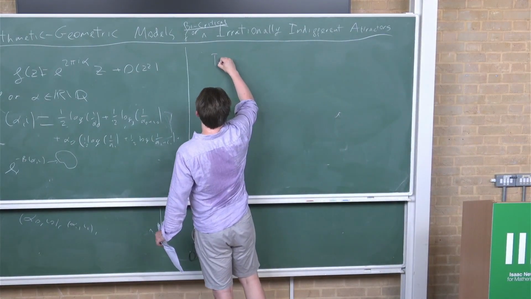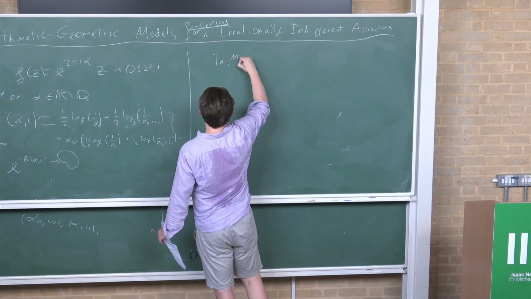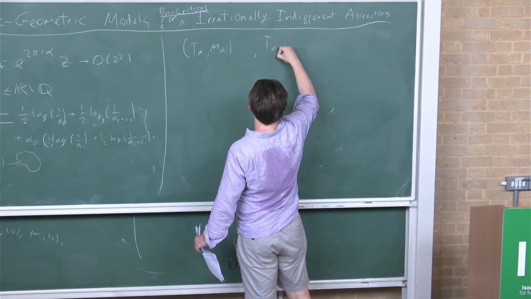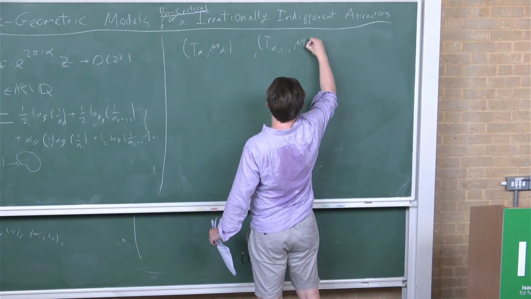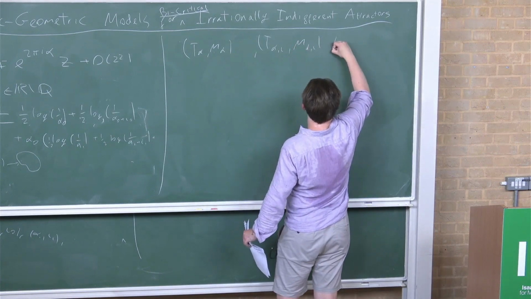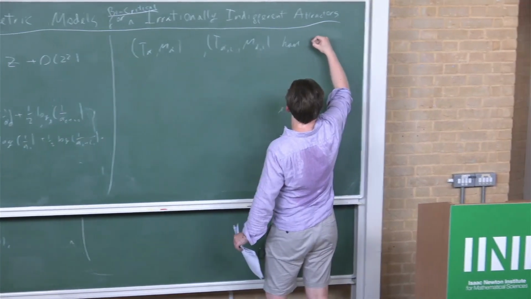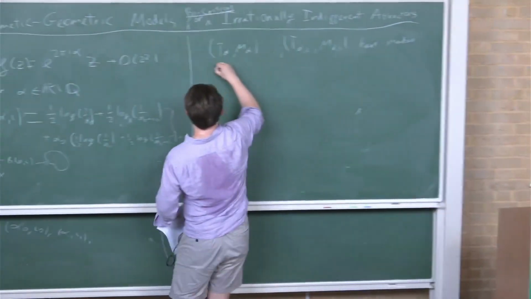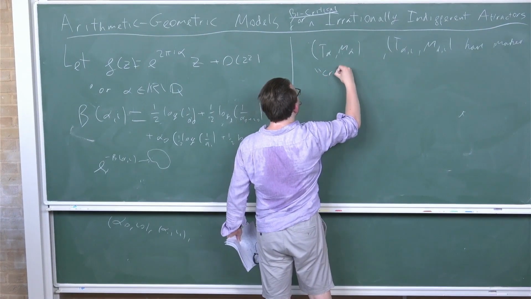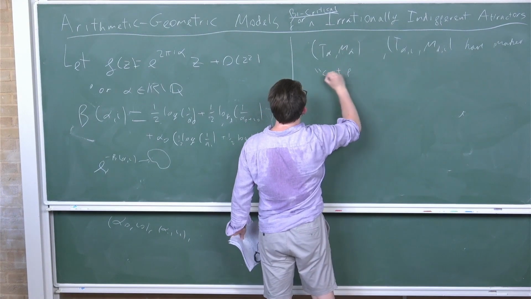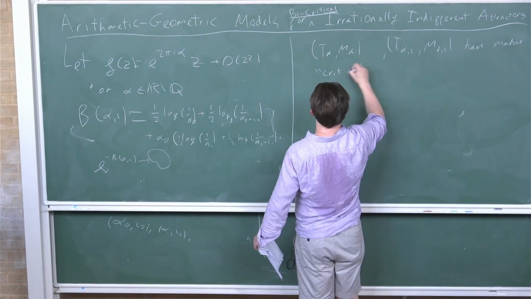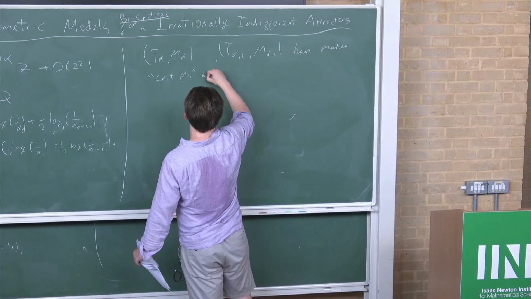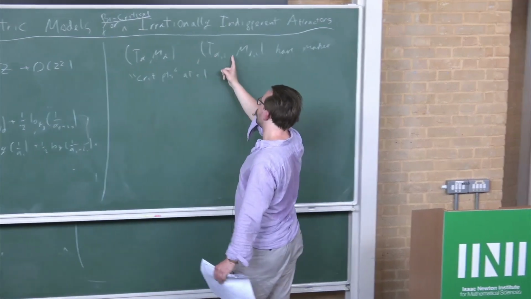So T alpha, M alpha as a model, so the unicritical model, and also the bicritical model have marked critical points. Marked, so I put in quotation marks because they're not actually critical points for these model maps, but they are marked points nonetheless at +1. So they both have a marked critical point at +1.